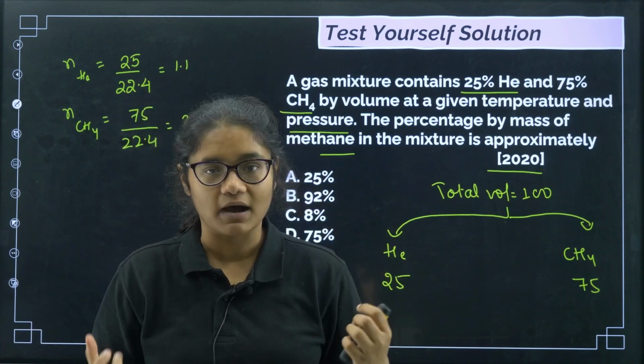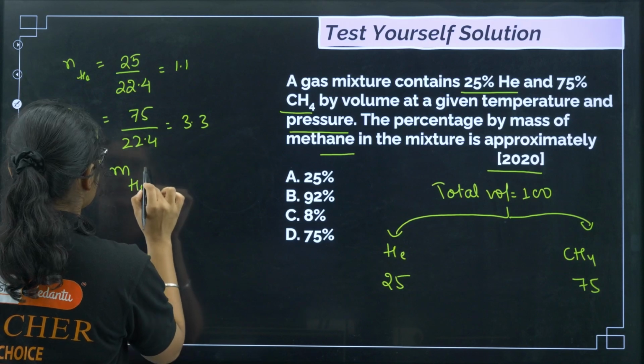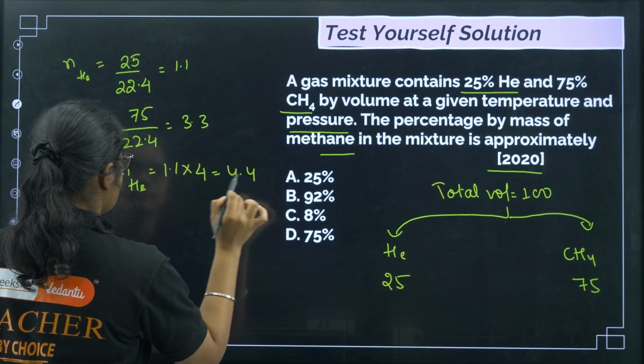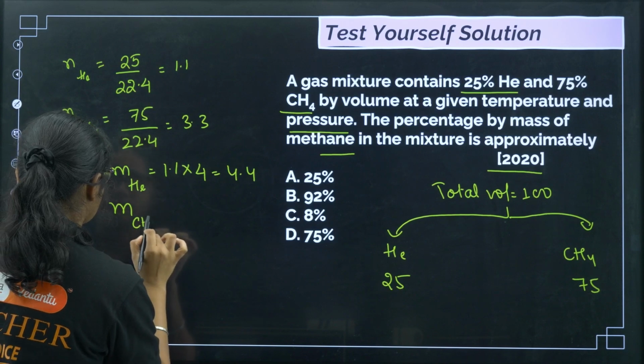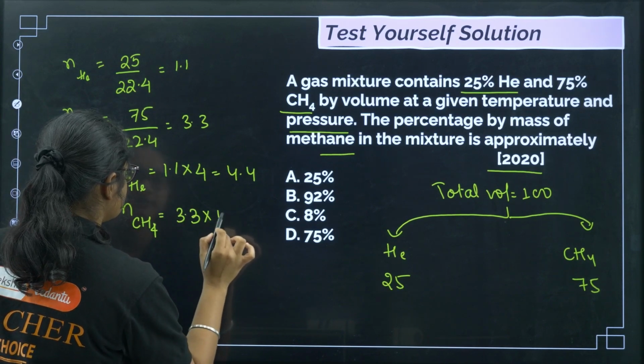Now let us calculate the mass. Mass of helium will be equal to 1.1 into 4, that is 4.4, and mass of methane, CH4, is 3.3 into 16.